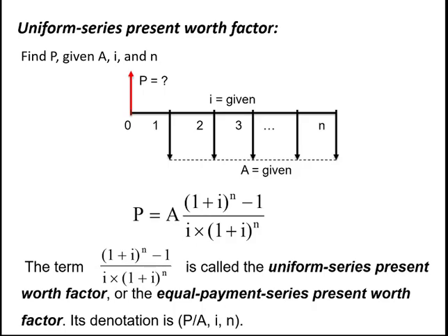That means we have a given uniform series A, a given interest rate and a given number of periods. We have to find the present worth P.